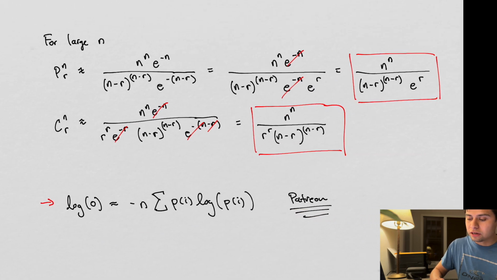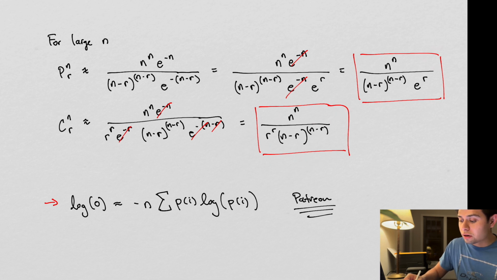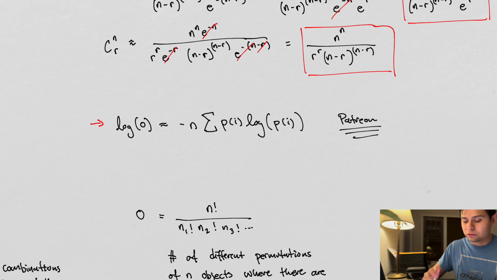You could pause the video if you want. But the idea is we just plug this into our equations, and we can see things start to cancel out, and we get these equations here as approximations for permutations and combinations. And in the next video, we're going to apply Stirling's approximation to this guy, and we're going to get something that looks like this, right?